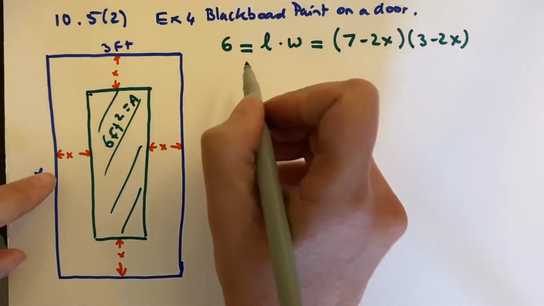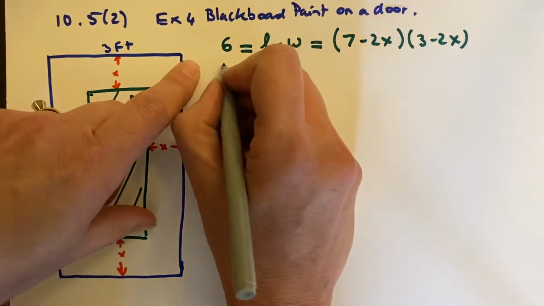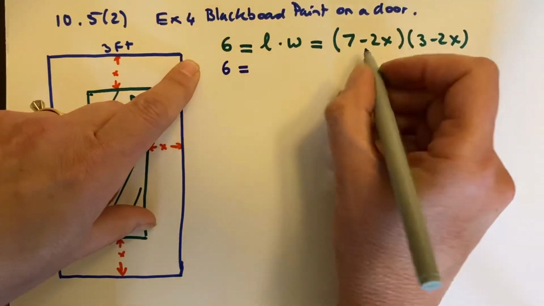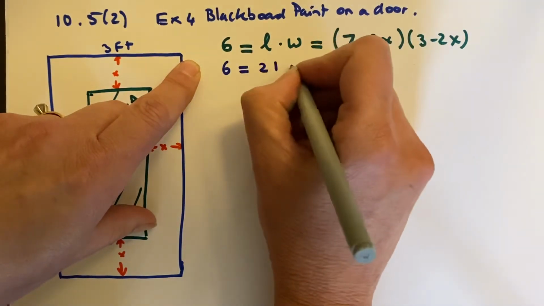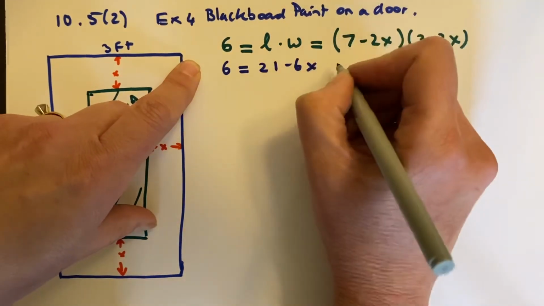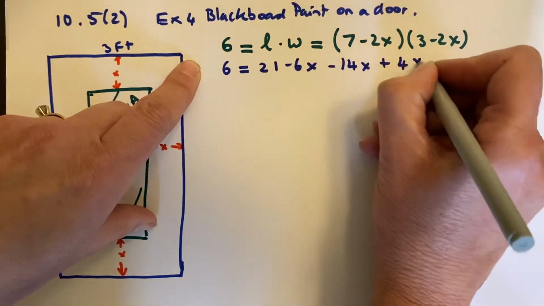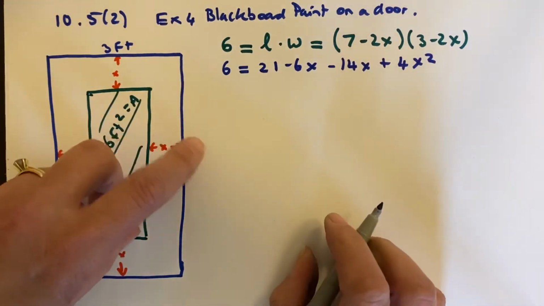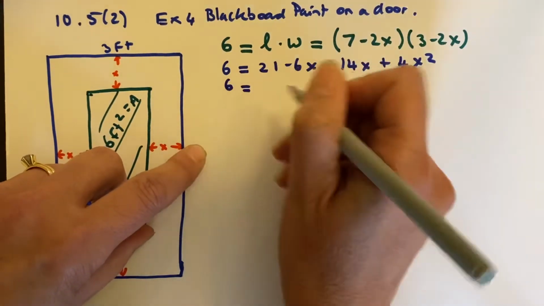So that's my starting point, and we've done this before, so that part should not be new. Once I've done that, I'm going to use this to get my equation. And I'm going to keep my 6 equal, and I'm going to use FOIL to multiply all this out. 21 minus 6x minus 14x plus 4x squared. I'm going to combine like terms and get 6.